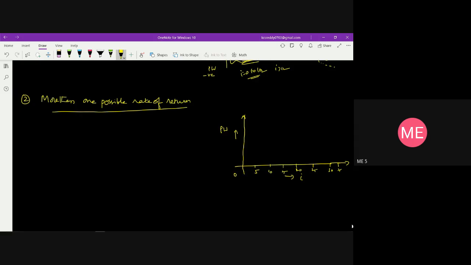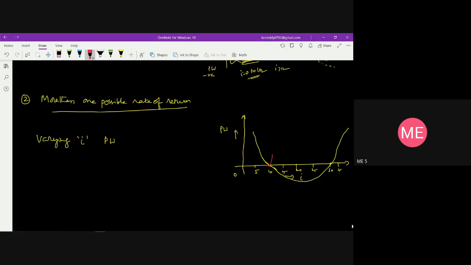As we plot for different values of I, by varying the rate of interest, and plot the present worth equation, the curve goes like this, then comes back and moves in this direction.